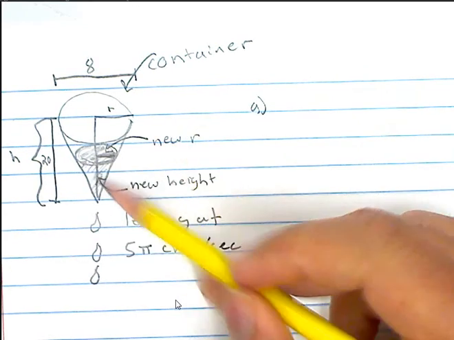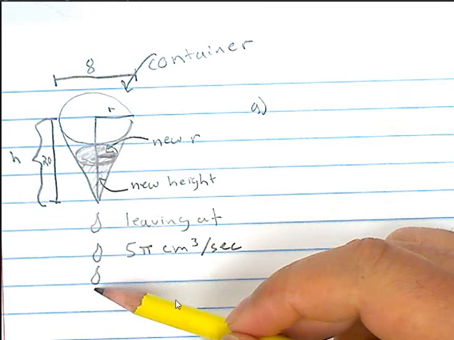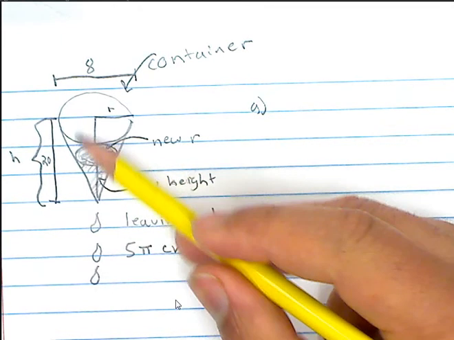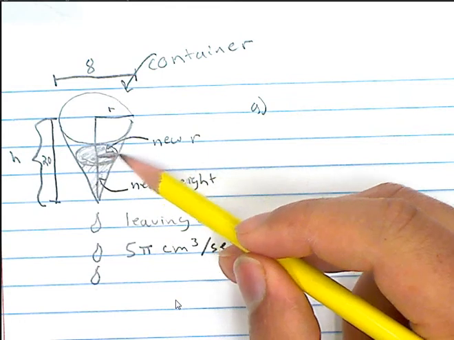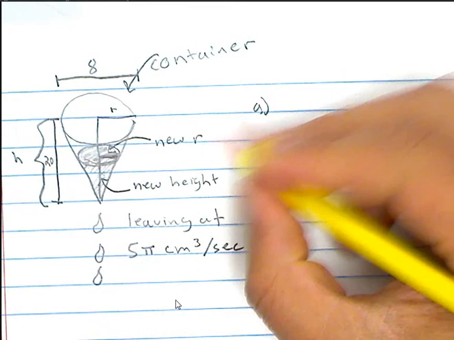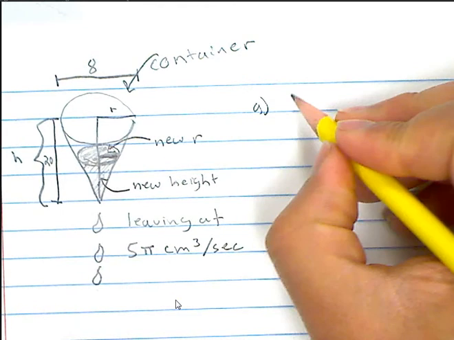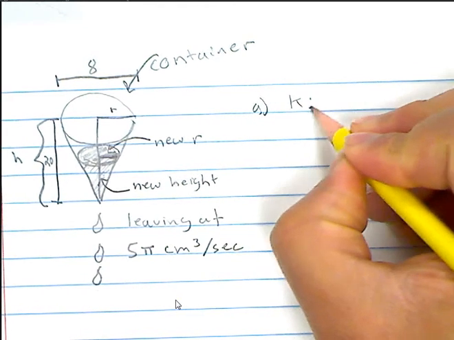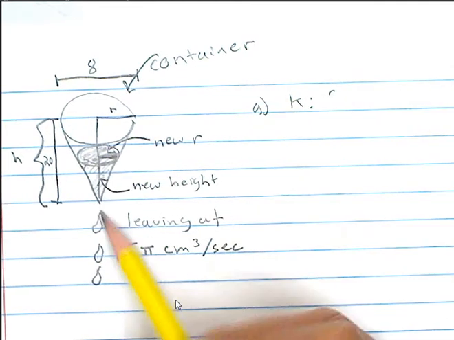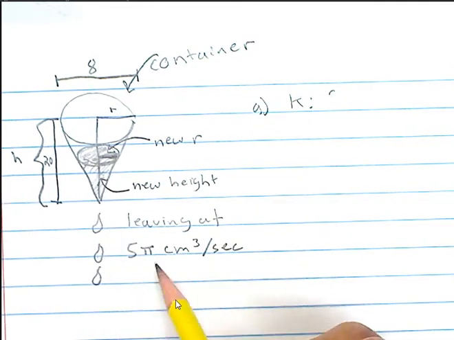Because the water's falling out, therefore this circle here is getting smaller. Therefore, the radius is changing. Okay, so how am I going to find the new radius here? So I know the amount of water leaving, which is volume, 5 pi centimeters cubed.